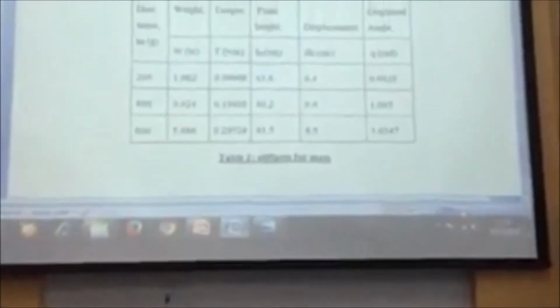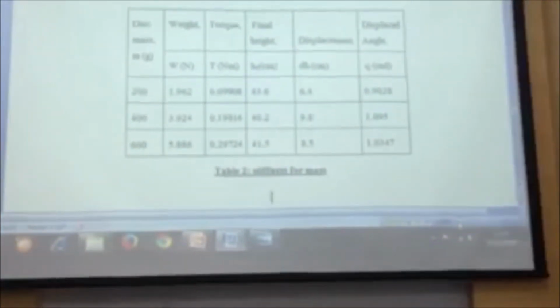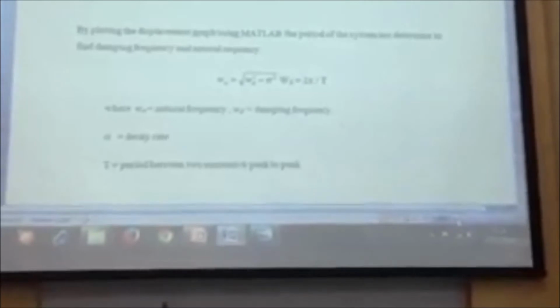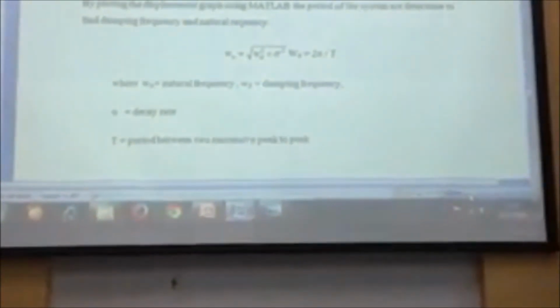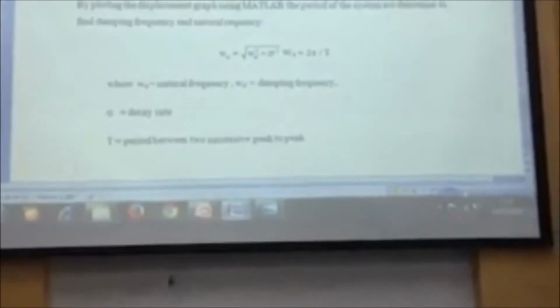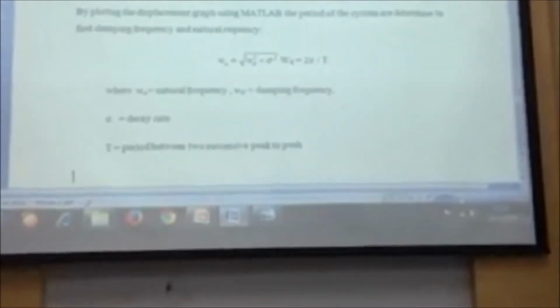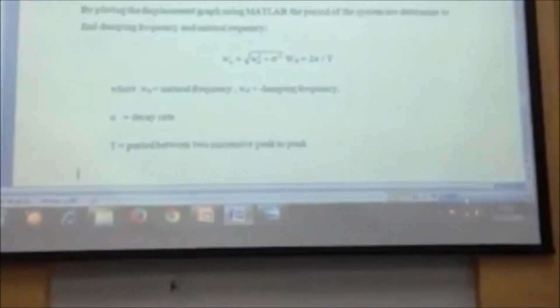After we got the damping ratio, we can also find the stiffness from the plotted graph of torque versus displacement angle. Then, using the formula omega n equals omega d squared plus sigma squared to the power of 1/2, we get the omega n from the experiment.